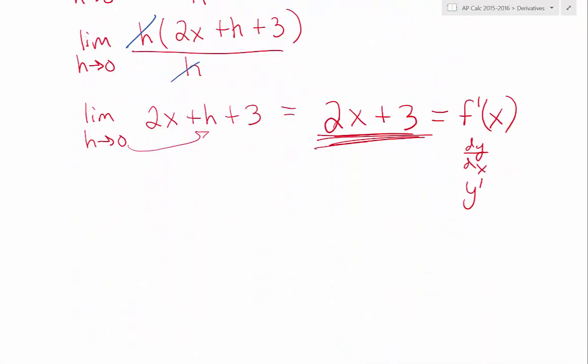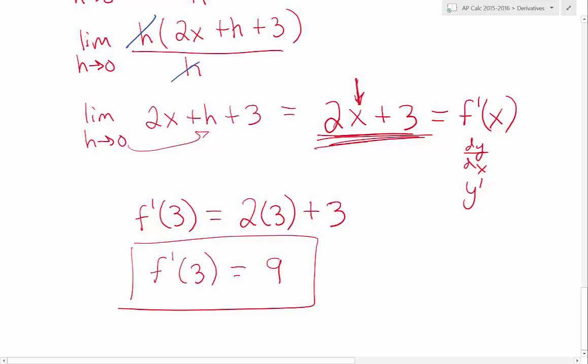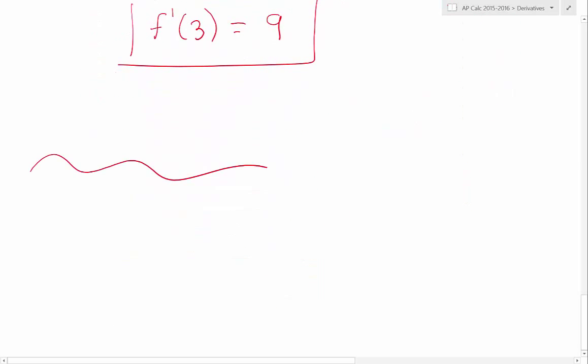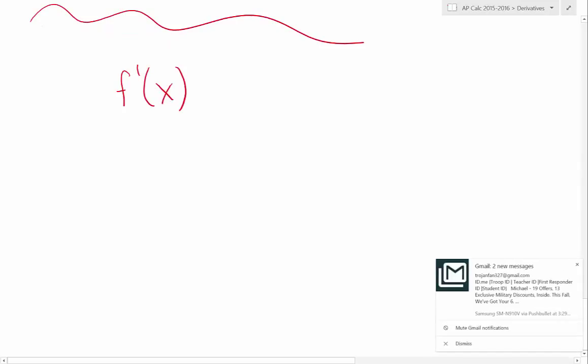So what we can say is that f prime of 3, we just plug in 3 for x, and we get 2 times 3 plus 3, or 6 plus 3, which is equal to 9.